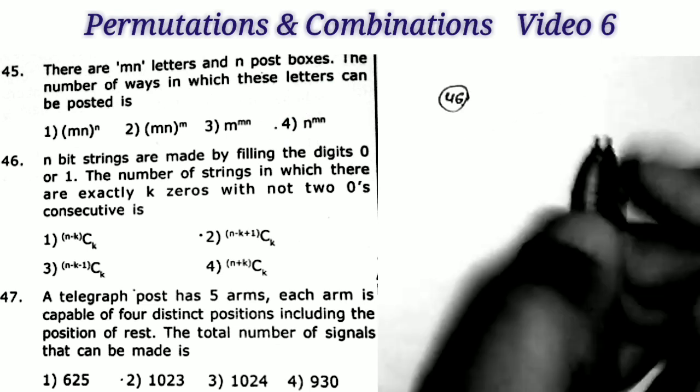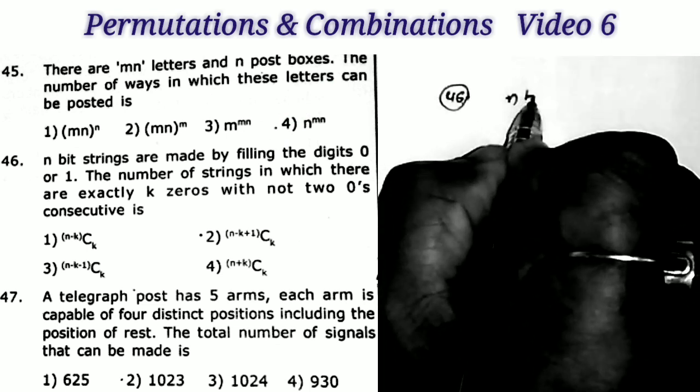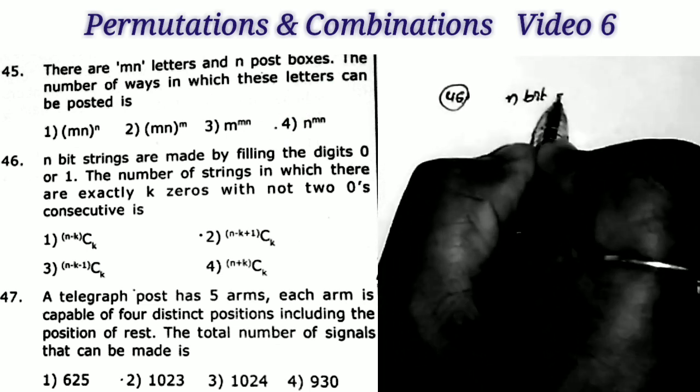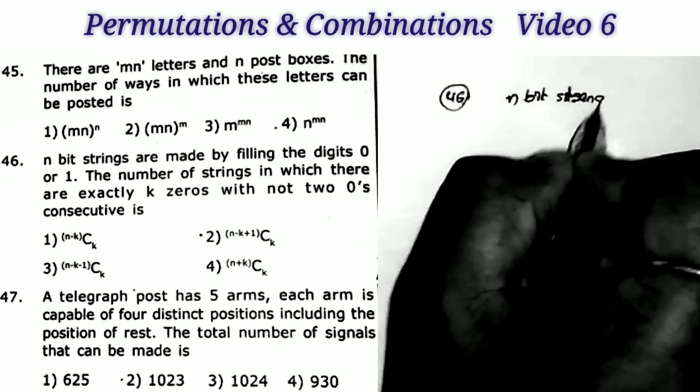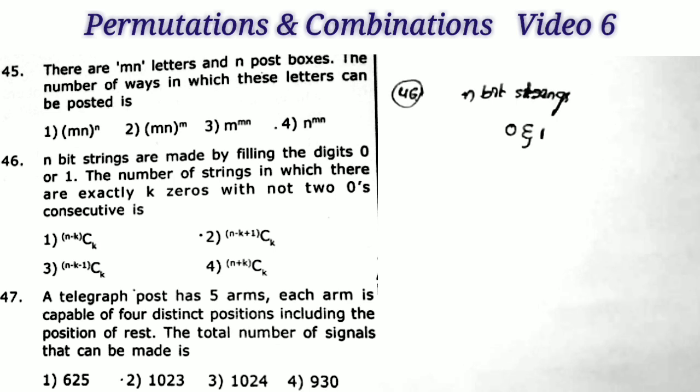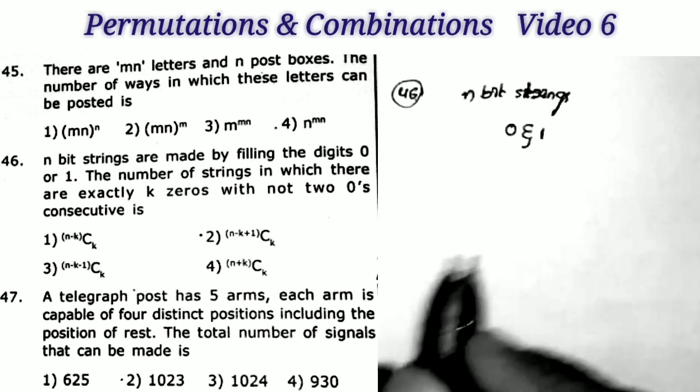Sum number 46. N-bit strings are made by filling in zeros or ones. The number of strings in which there are exactly k zeros with no two zeros consecutive is equal to what?